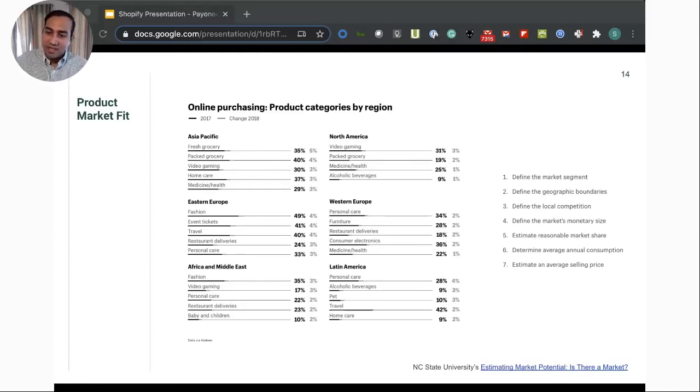I've left a link in there which walks you through the details of how to do this exercise, and I'll be happy to share more information at our booth today as well. Then you estimate what a reasonable market share you can get out of that market, then the average annual consumption that you're expecting, and then your basic selling price, at which you think you can sell your product.